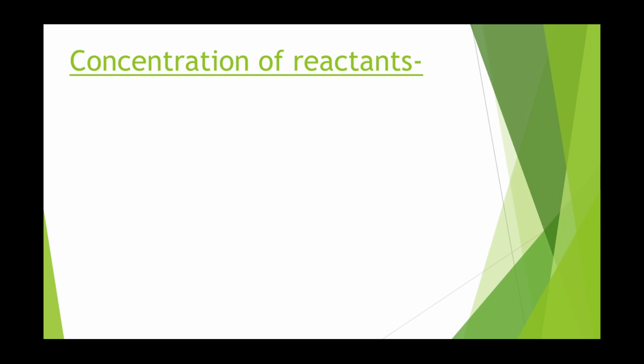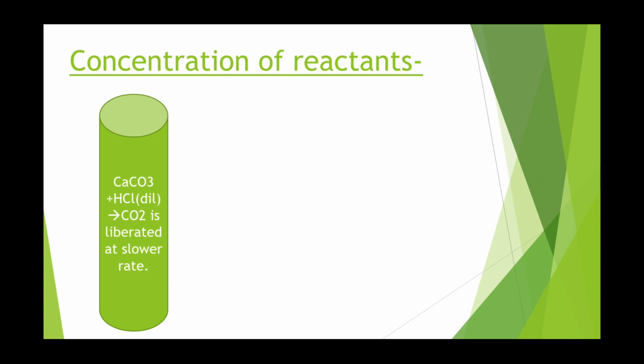Concentration of reactants. It is but obvious that in any chemical reaction, if we use more concentrated reactants, the rate of chemical reaction will be more. For example, consider the reaction between calcium carbonate and hydrochloric acid.